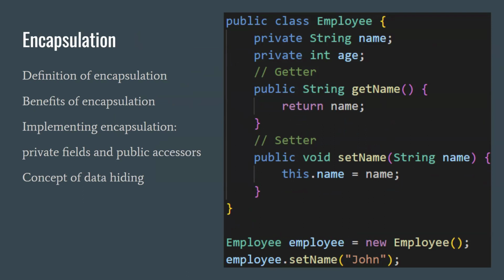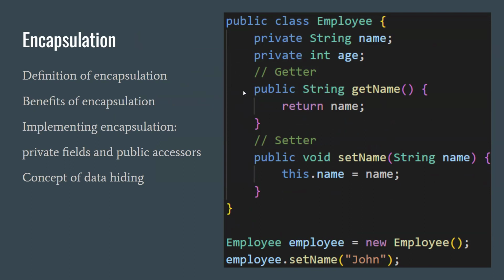And in Java, you can achieve encapsulation by defining the class fields as private and providing public getters and setters to access and update the value of a private field. By doing it this way, you can protect the data from direct access by the outside world.